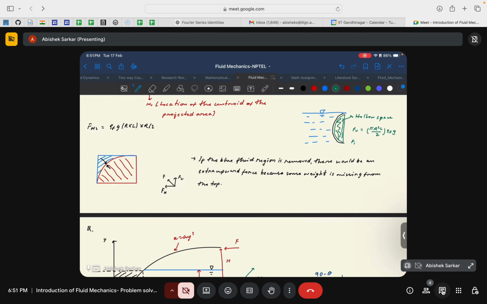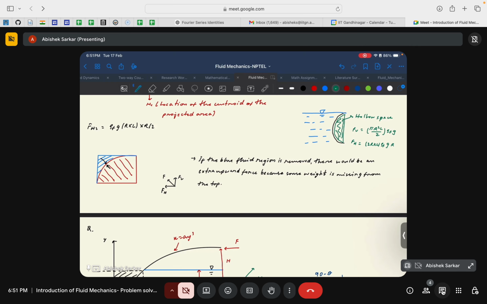And Fh: the projected area is 2r times L, the density is rho F, then g times the depth of the centroid of this projected area, which would be R. So the same technique to evaluate the net forces.